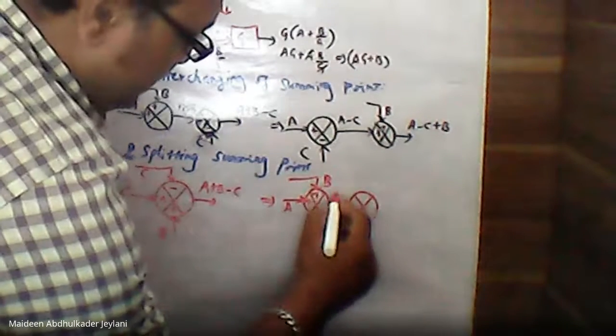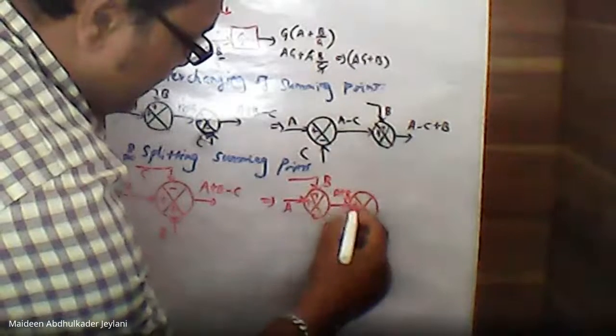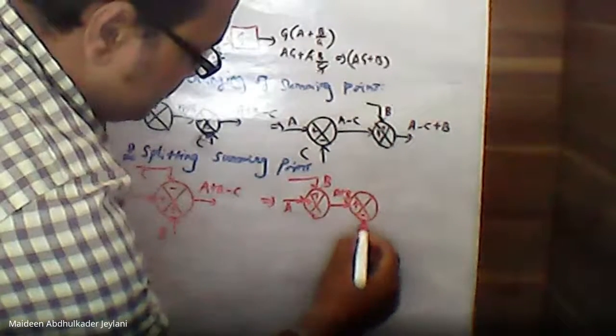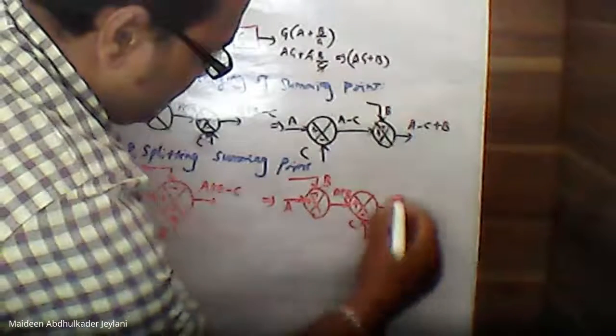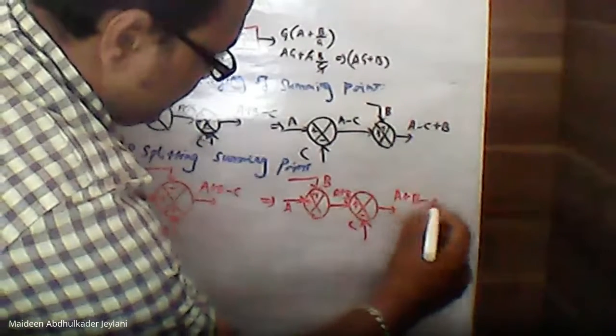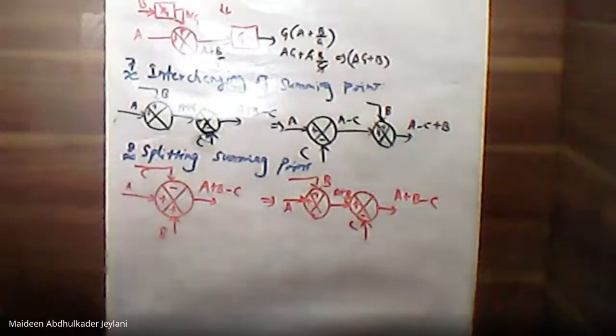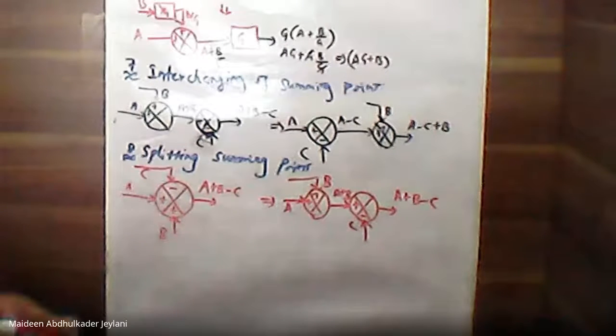So here the input is A plus B, and minus C has to be included here. The output is A plus B minus C. As simple as that.